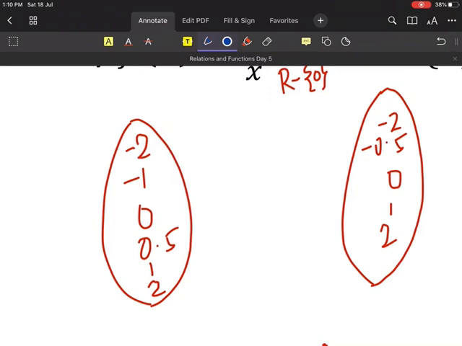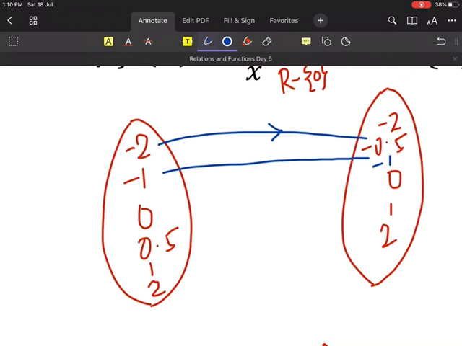Minus 0.5. Very good, because minus 2 becomes minus 1 by 2, and 1 by 2 is 0.5. Minus 1 will be mapped with what? Actually, I have removed that minus 1. Minus 1 will be mapped with minus 1, right? Now 0 will be mapped with what?